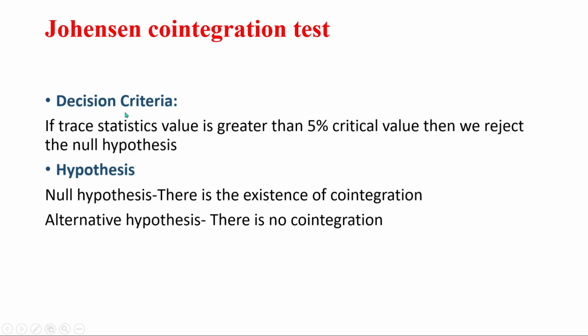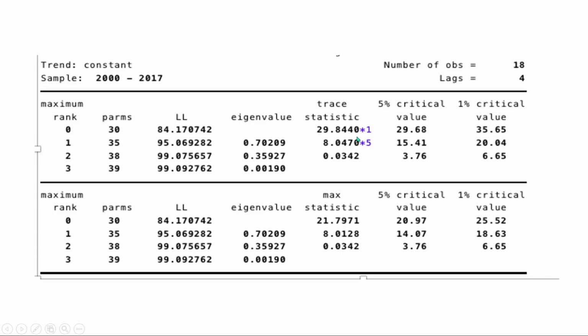The decision criterion for the Johansen Cointegration test is: if the trace statistic value is greater than the 5% critical value, then we reject the null hypothesis. Here the null hypothesis is that there is cointegration and the alternative hypothesis is that there is no cointegration. If the trace statistic is greater than the 5% critical value, then we can reject the null hypothesis.